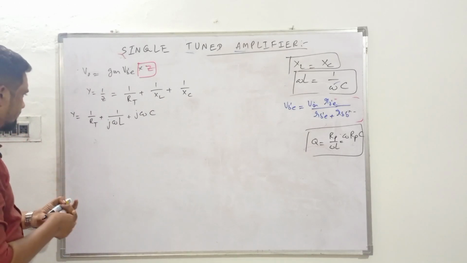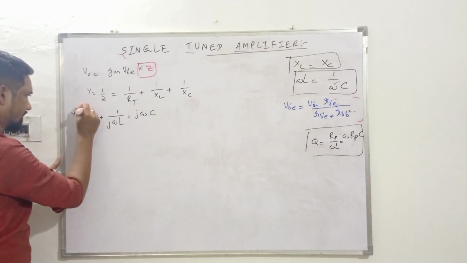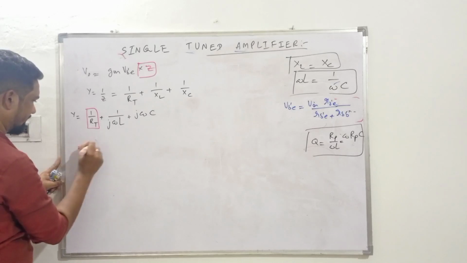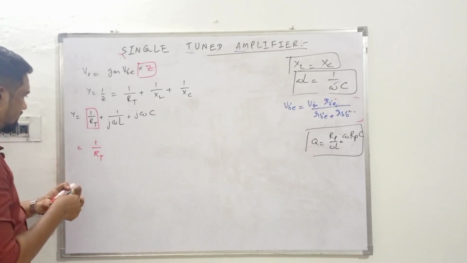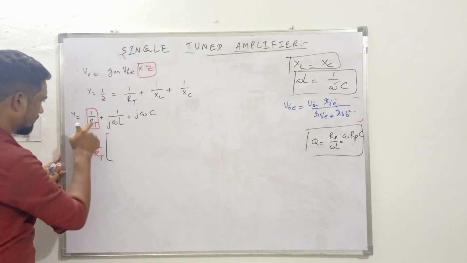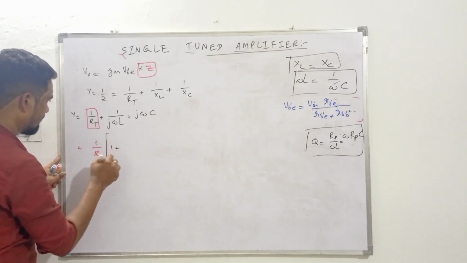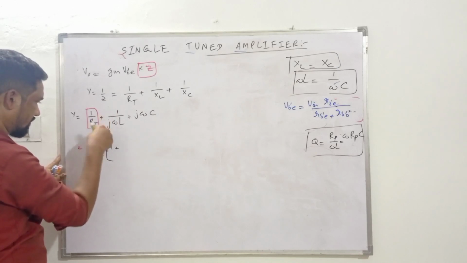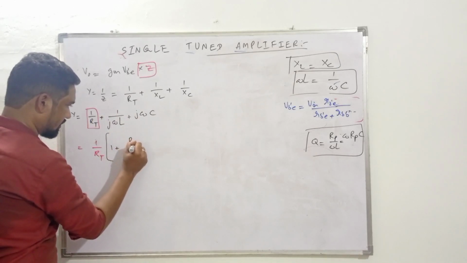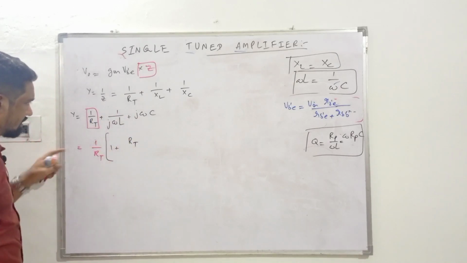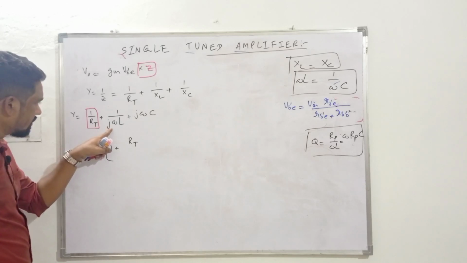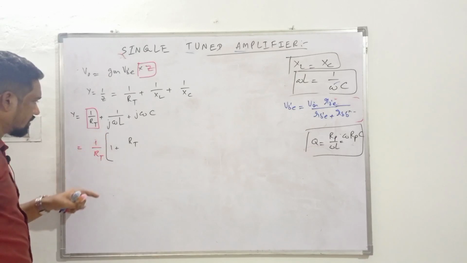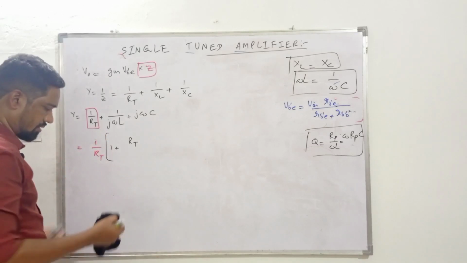Taking out RT, this term is common to all the terms. What is taken out? 1 upon RT as common. If that is taken out, we have 1 plus, with RT inside. And this j, which is positive j in the denominator, can be written as negative j.